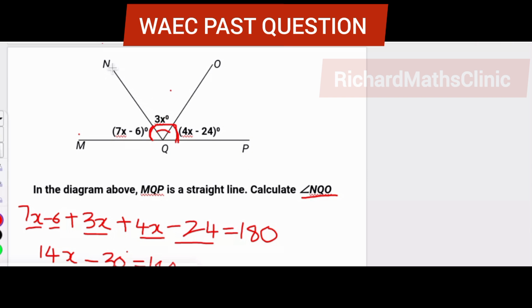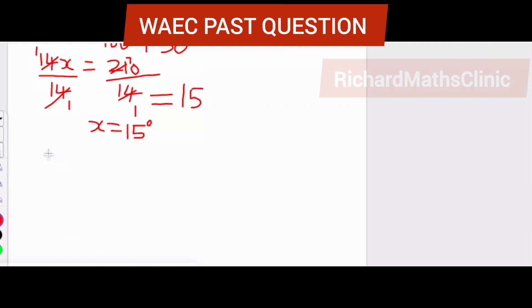Angle NQO. So I'm going to carve out this angle for you here. N, Q, O. That is the space in between them, and that is 3x degrees. So what am I going to do now? I'm sure you can easily guess. I'm going to be multiplying 3 by x because the angle we're looking for is 3x.